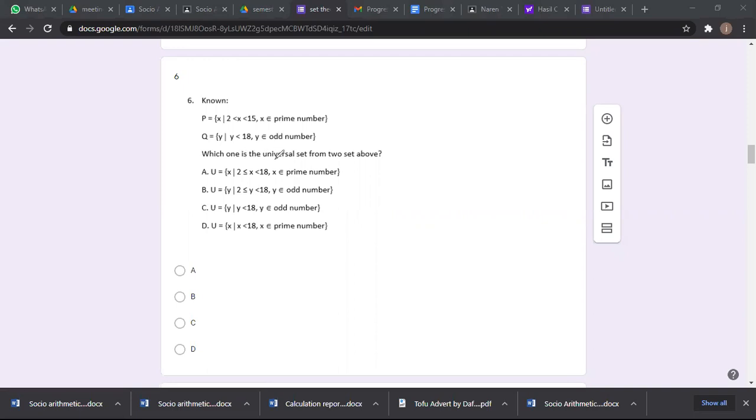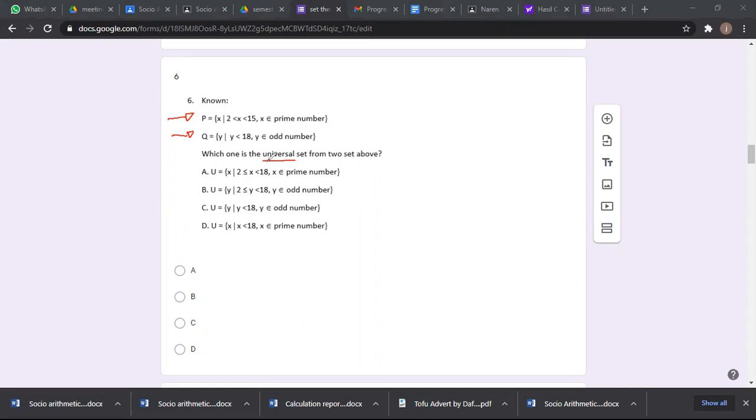Which one is the universal set from the sets above? So what is the universal set? The universal set is one set that covers all of these. So both P and Q are inside the universal set.